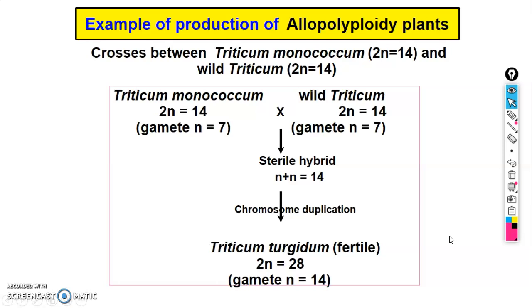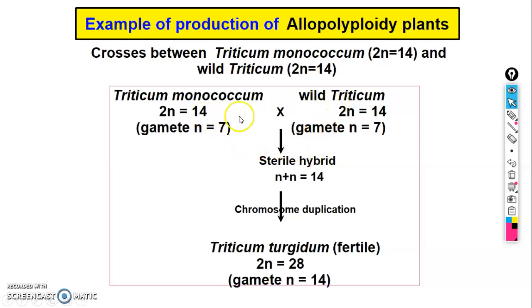Okay, for example in your lecture note, a cross between Triticum monococcum 2n equal to 14, and Triticum searsii 2n equal to 14. Both have the same number of chromosomes but are different species.